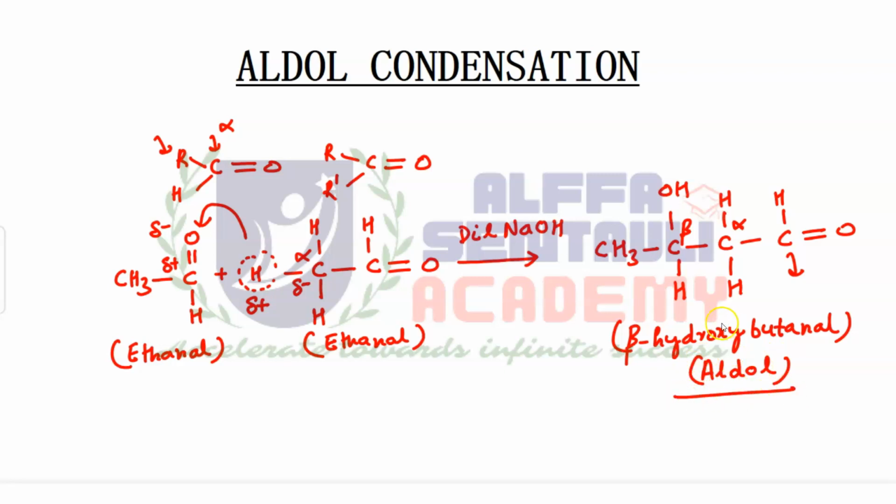Now have you understood why this compound is known as aldol? Because this compound contains an aldehyde and also an alcohol, OL. That is why this combination of compounds, actually this is a self-condensation reaction. Aldol condensation is nothing but a self-condensation reaction. Understood?